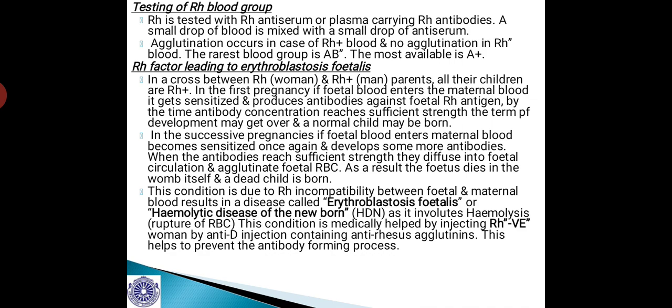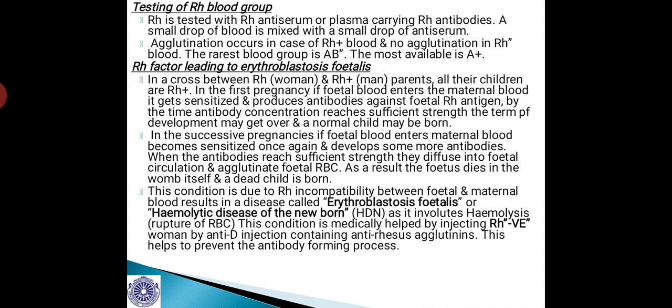It is also called hemolytic disease because hemolysis means RBC destruction, and as it is seen in newborn individuals, it is called HDN, hemolytic disease of the newborn. This condition is medically managed by injecting Rh negative women with an injection called anti-D injection containing anti-Rh antibodies, which helps to prevent the antibody forming process.